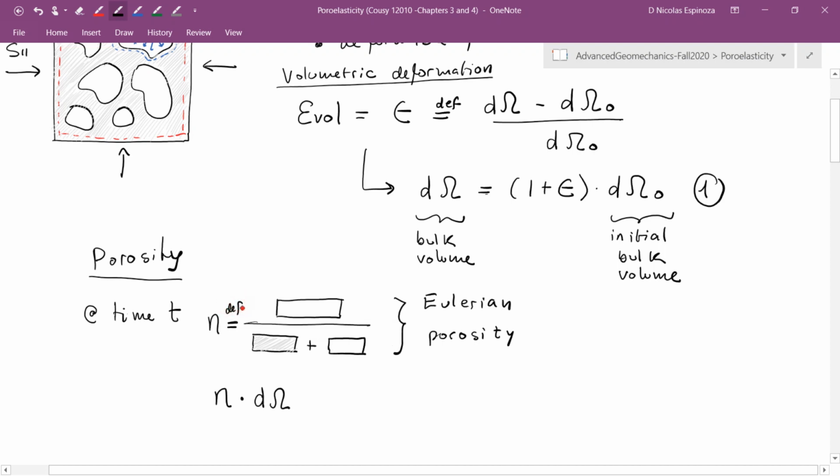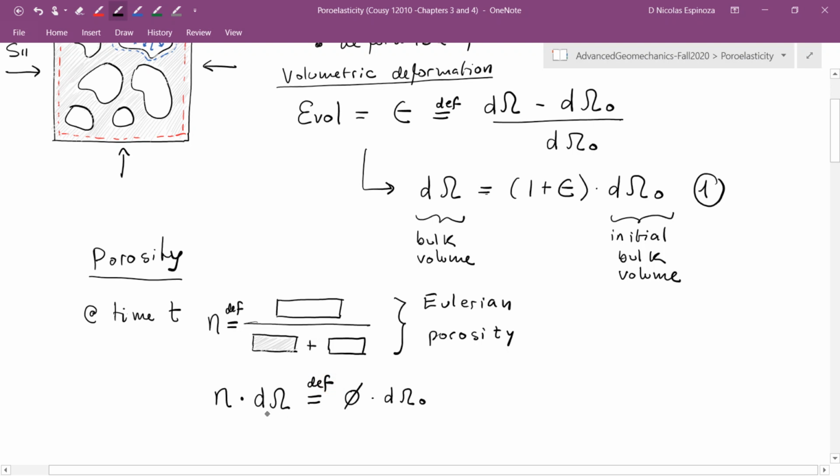This is definition 2. And what I'm going to do now is to define something which is called the Lagrangian porosity. The Lagrangian porosity is going to be defined by this equivalency, where the pore space is going to be equal also to the Lagrangian porosity times the original bulk volume.